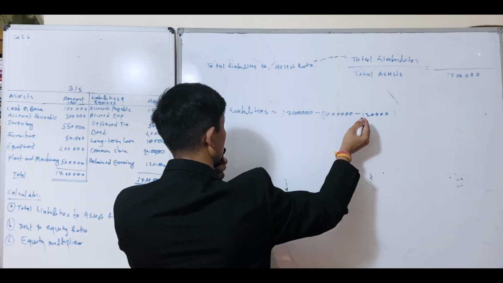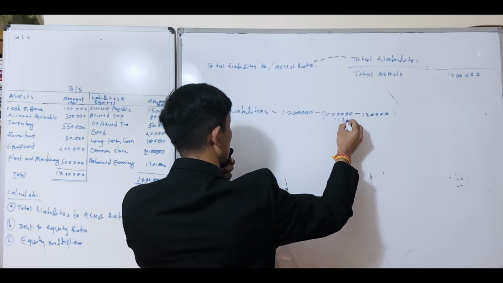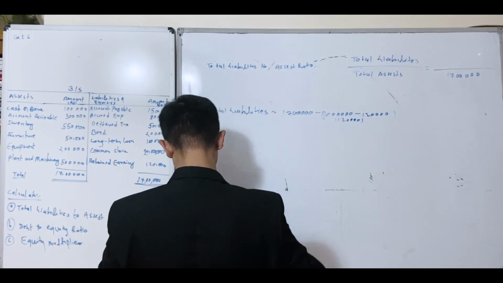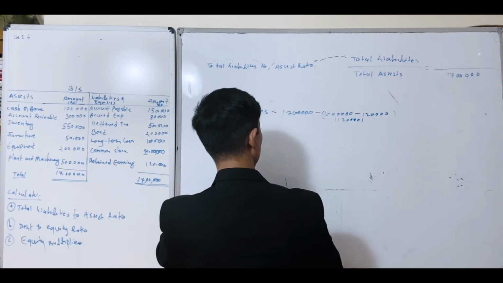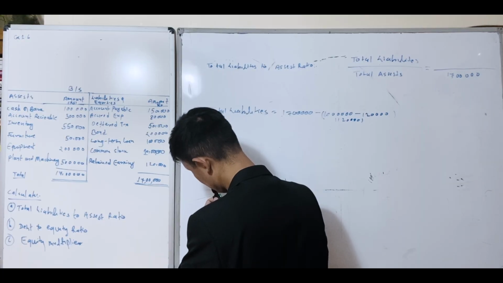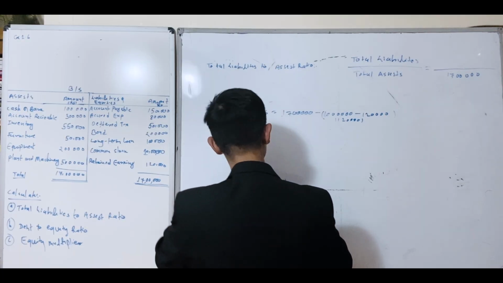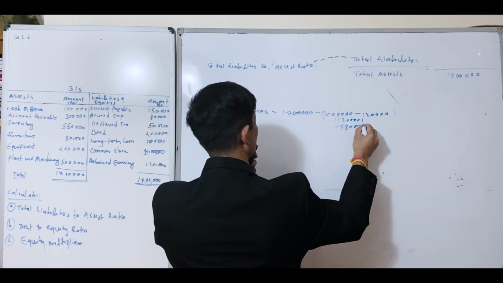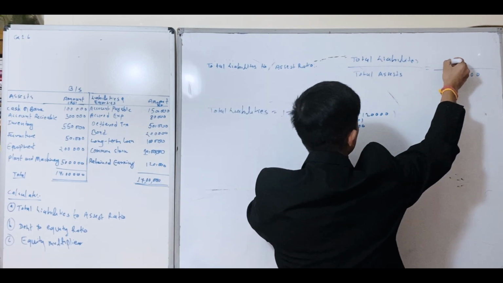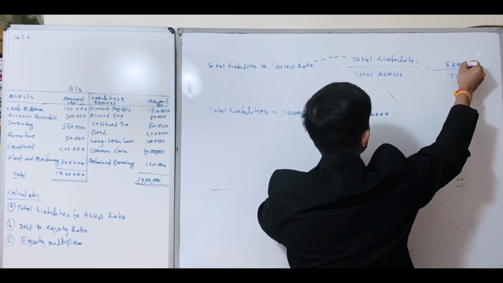So altogether it is 11 lakh 20,000. So from 17 lakh, let's minus 11 lakh 20,000. So we get 5 lakh 80,000 total liabilities.